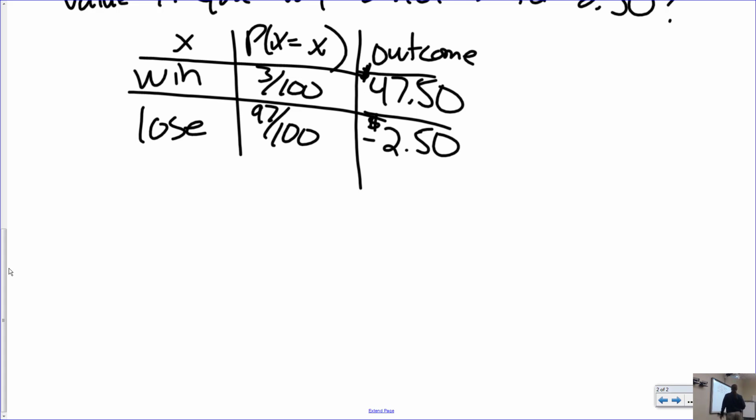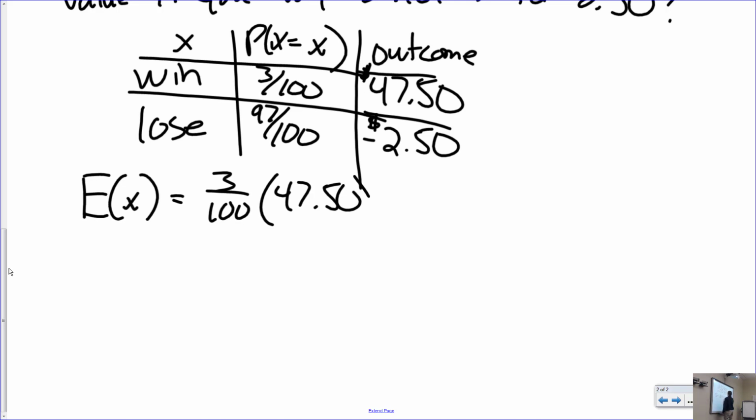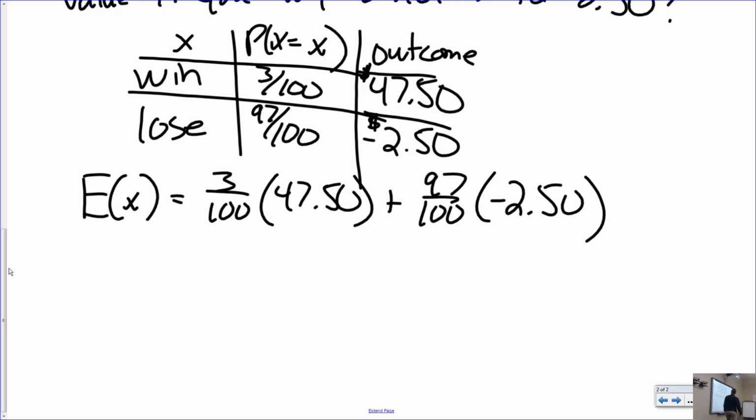So expected value here: 3 out of 100 times 47.50 plus 97 out of 100 times negative 2.50. That's yucky. What's 3 times 47.5? 142.50.